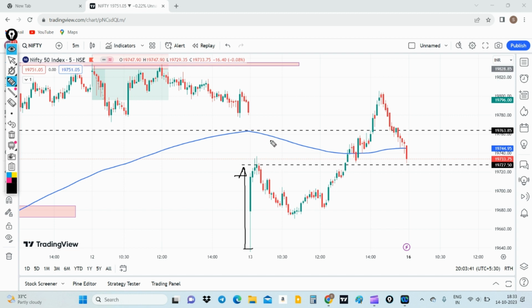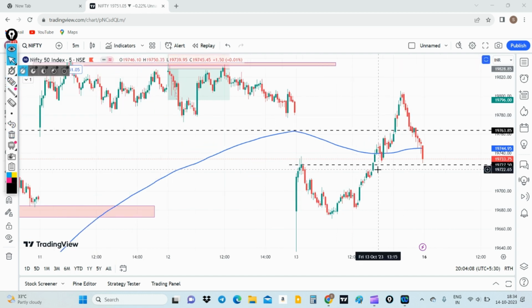The premium that I had entered was around 114 rupees as my average price for the 19,750 put. This put went on to 128 to 130 rupees, then the premium went down to 105 rupees, and then again went up to 123. So in that range, I kept my SL around 119, and I was able to make around 2000 profit from yesterday's trade overall.